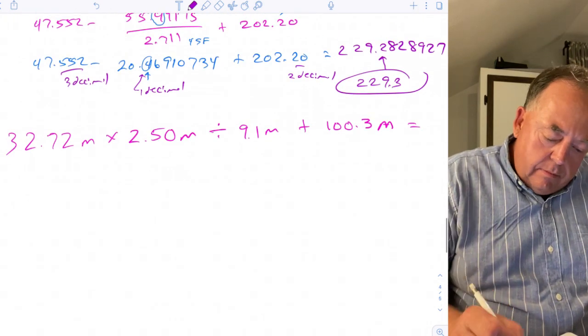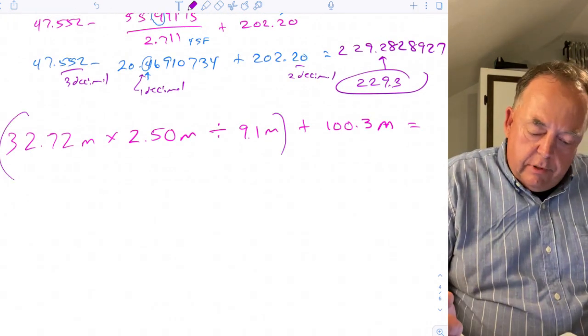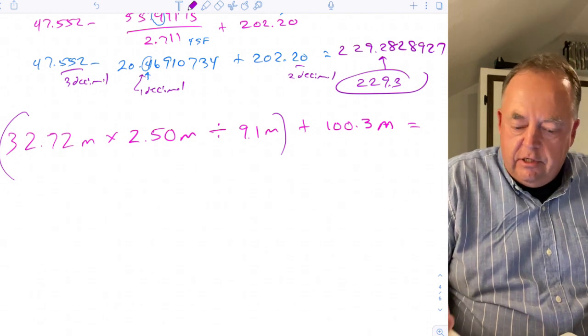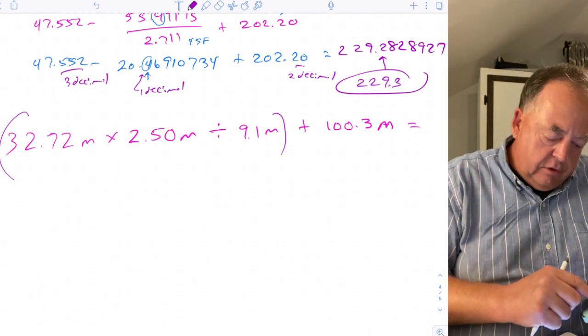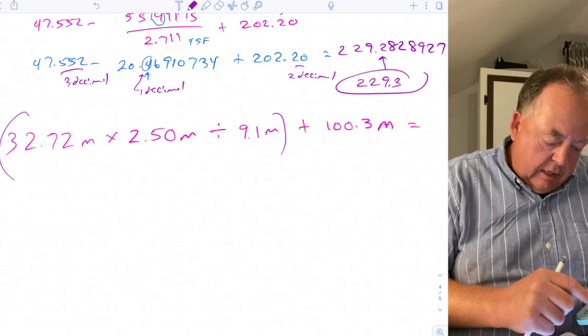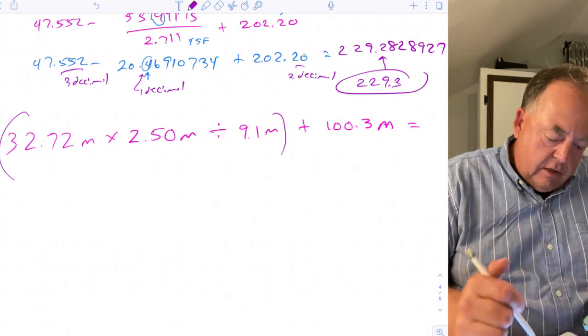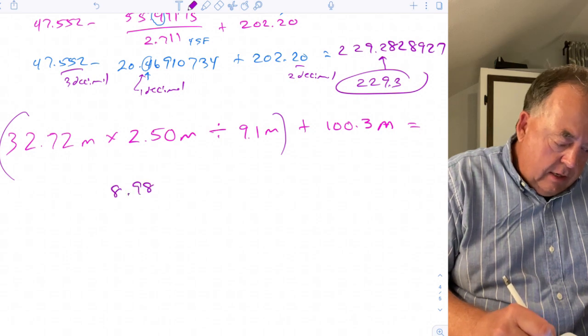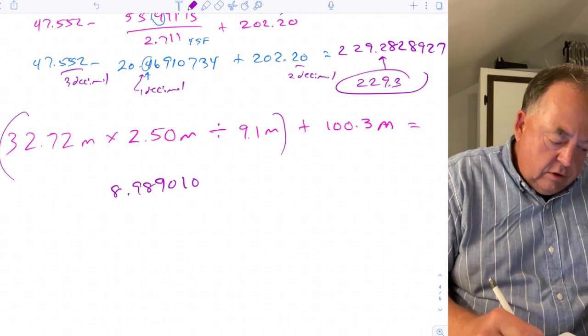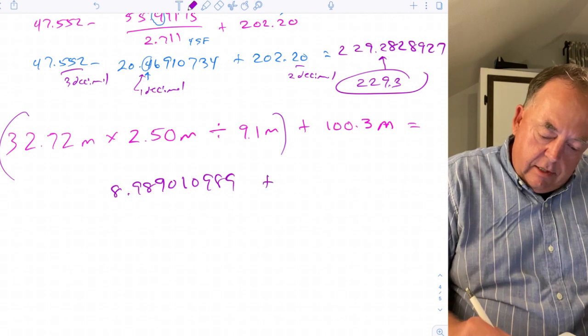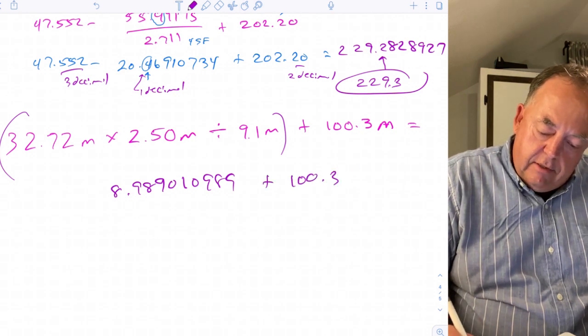Okay, last problem. So we want to do all this multiplication and division first and do the additions last. So 32.72 times 2.5 divided by 9.1 gives you 8.989010989. And then we're going to add 100.3 to that.